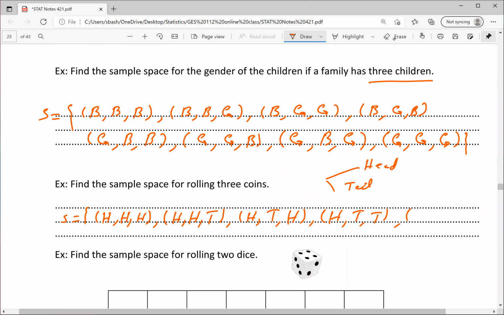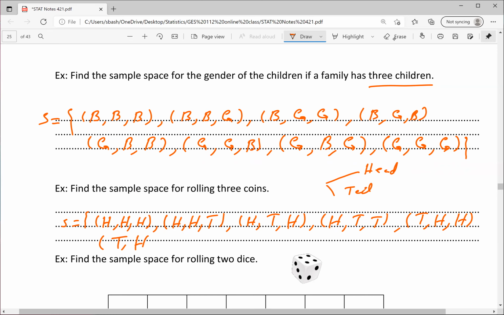Or tail, head, and head. Or it might be tail, head, tail. Or tail, tail, and head. Or it is tail, tail, and tail. So it is 3 tails.